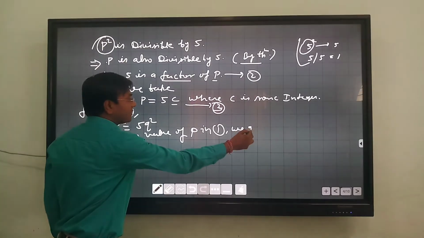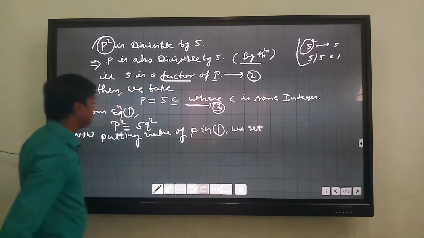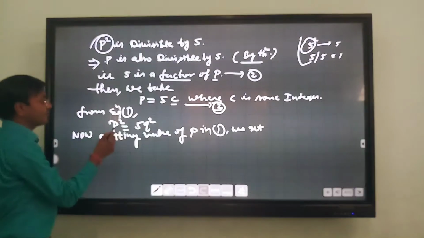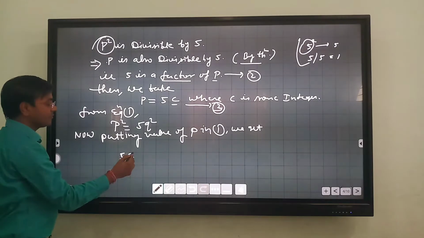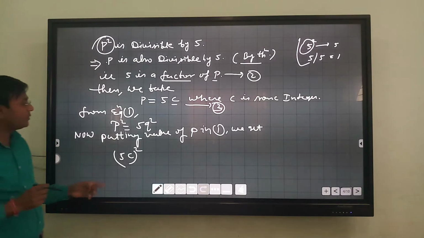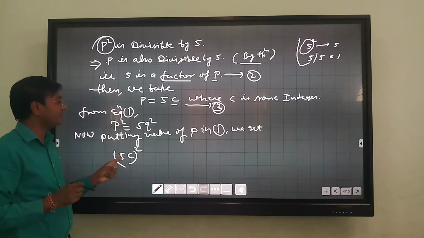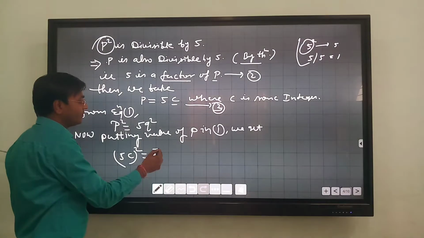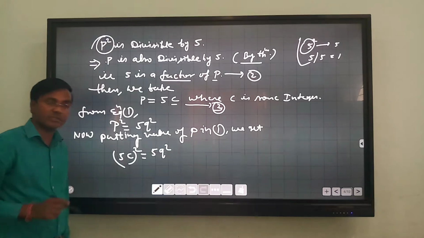So we get, so substitute the value of p. What is p? 5c. So we are writing the value of p, that is 5c here. So p square means (5c) square equals 5q square as it is.